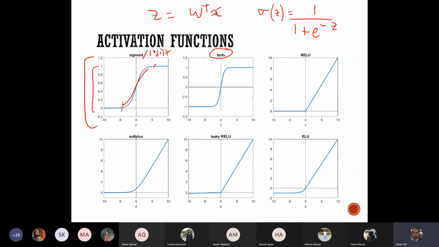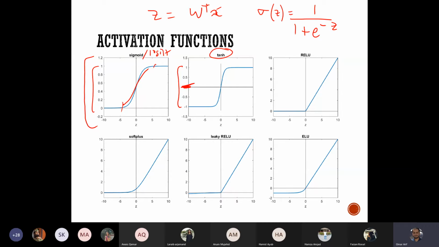Tanh is another one. It is going to restrict values between 1 and -1. So different applications. Right now we were discussing logistic regression, where we wanted the output to be a probability. That is why we use sigmoid. But in other cases, getting an output which has zero mean, like here the mean is 0, is much more beneficial.